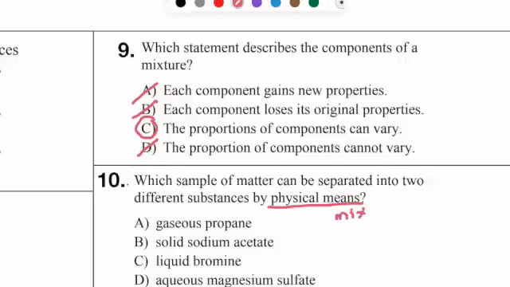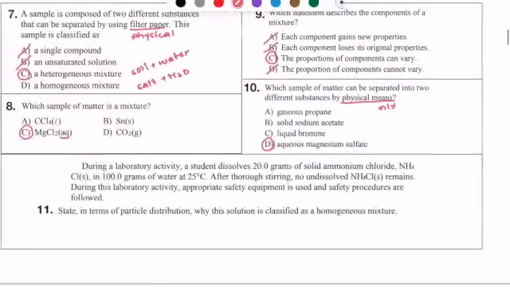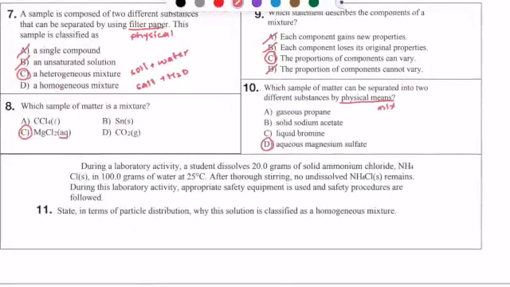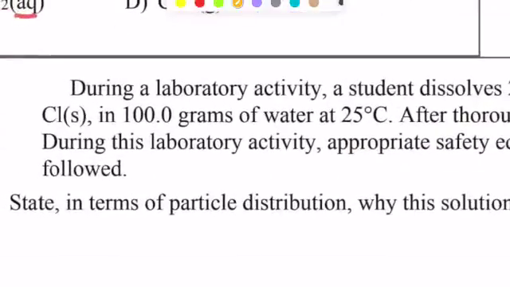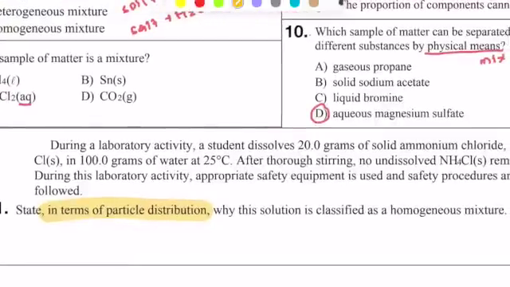If you look at your options, once again, you have a gas, a solid, and a liquid, and then you have an aqueous solution, which we know is a mixture. Next up, it says, state in terms of particle distribution why the solution is classified as a homogeneous mixture. Now, please make sure that if the question says in terms of something, you do not ignore that part. We do know what a homogeneous mixture is.